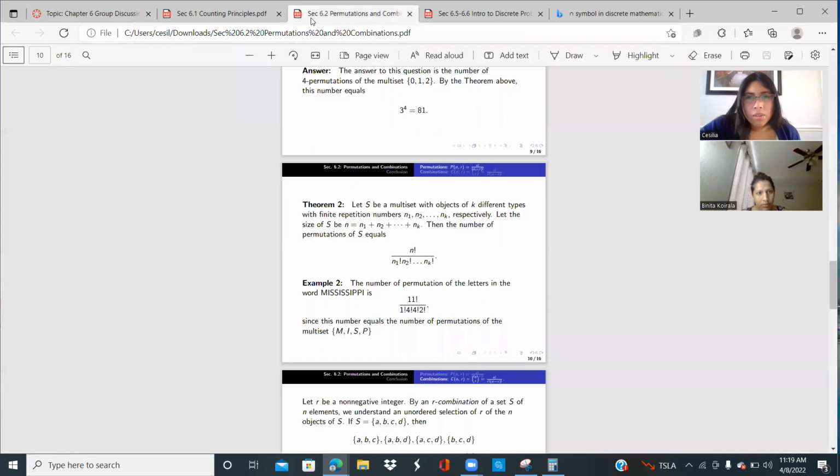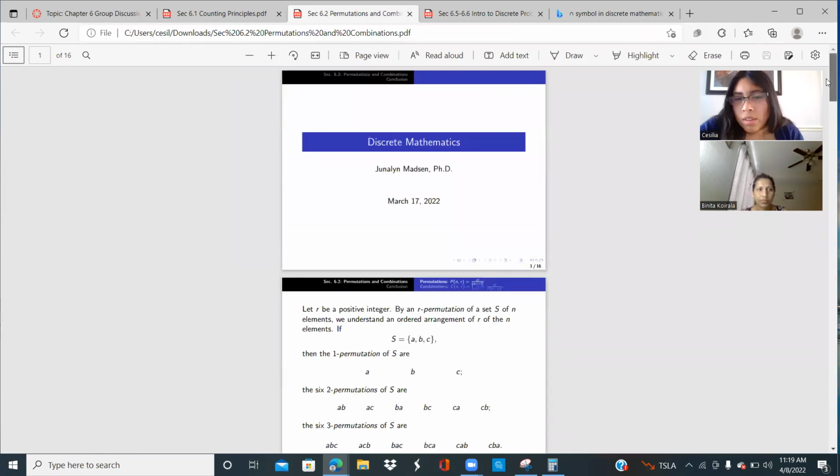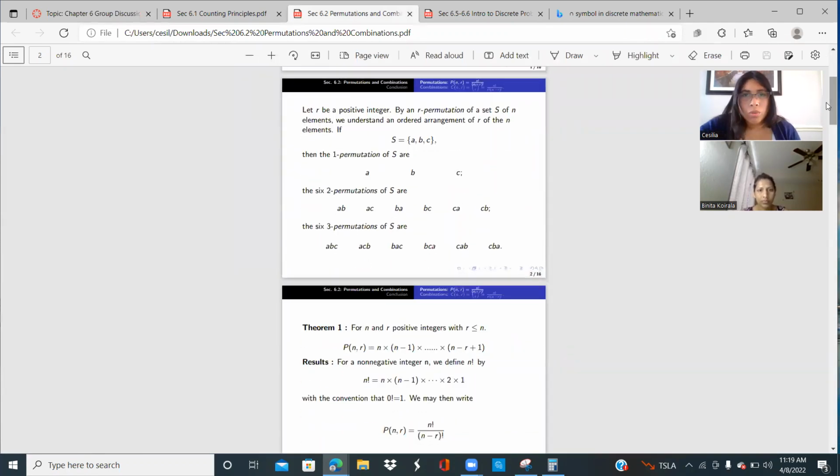So now let's go over to 6.2. Let r be a positive integer. An r-permutation of a set S of n elements is an ordered arrangement of r of the n elements.